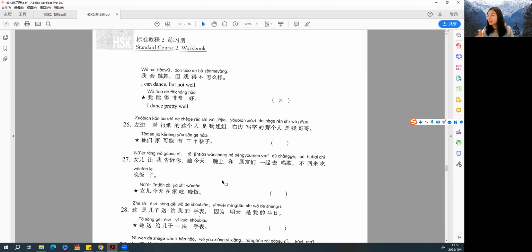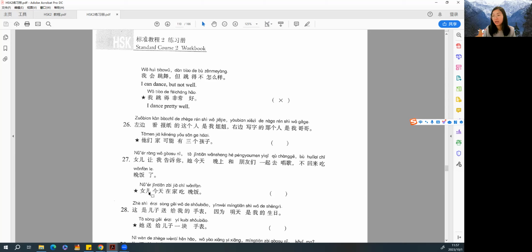The second one, 女儿让我告诉你，她今天晚上和朋友们一起去唱歌，不回来吃晚饭了。So 女儿不回来吃晚饭。That's the understanding, right?